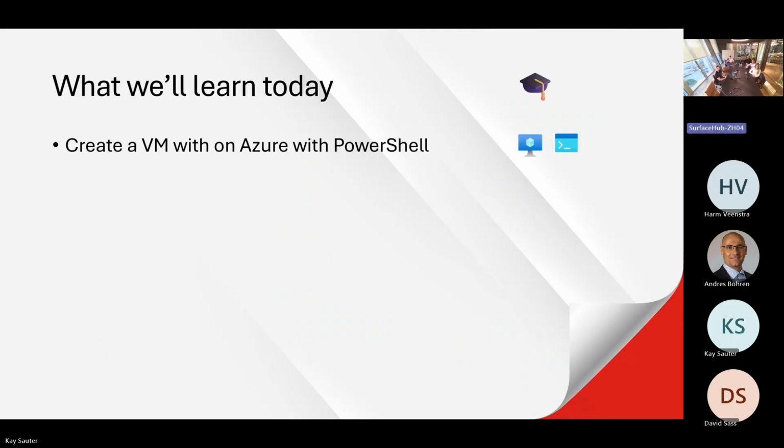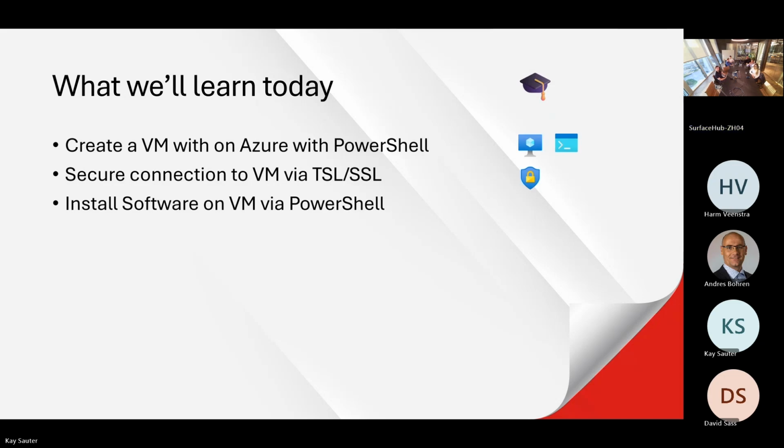What we are going to learn today is we will create a VM on Azure with PowerShell. We secure the connection via TLS/SSL, which is important because I will show that RDP is not even secure. We install software on our VM via PowerShell, so we really deploy it to the VM and directly install software with the script.